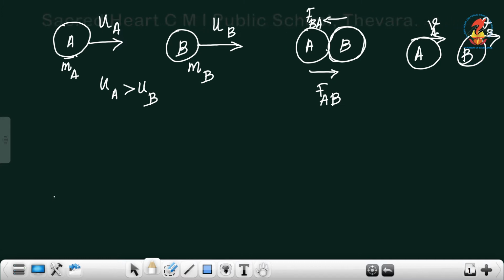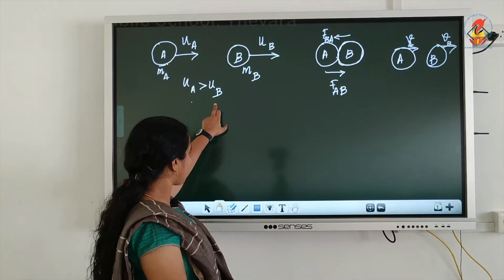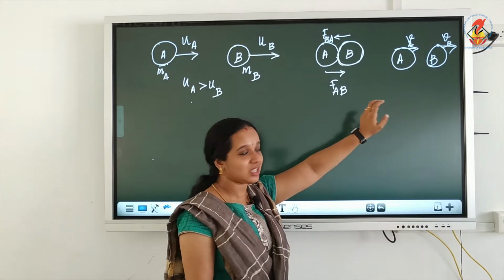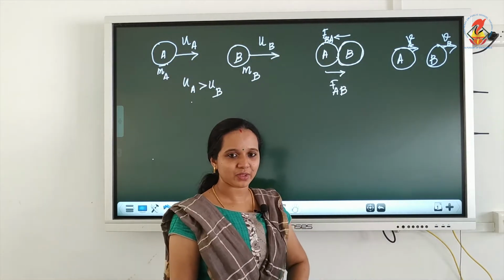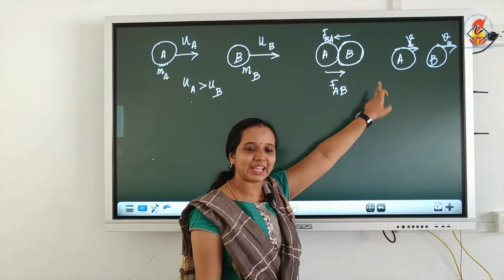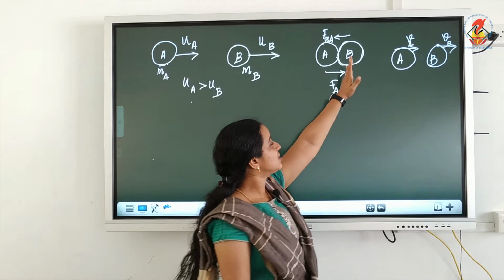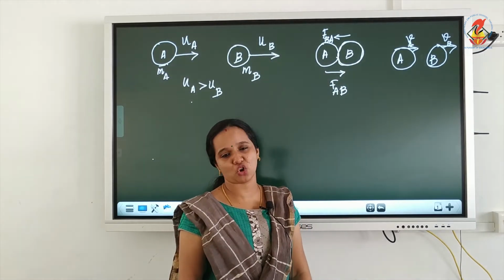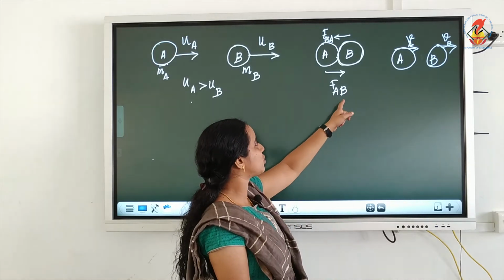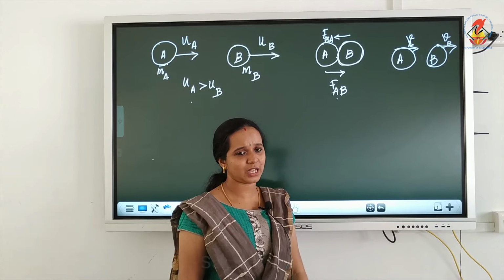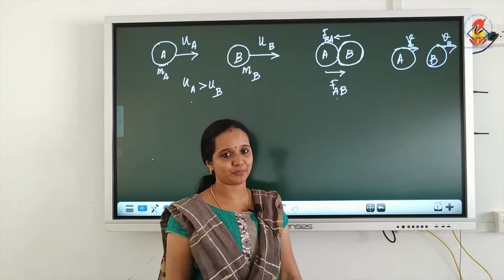Let it be FBA. So, since the velocities are different, there is a chance of collision between the two objects, and during collision, the first object exerts a force on the second object, and in turn the second object also exerts a force on the first object. Let us name those forces FAB and FBA, according to Newton's third law.